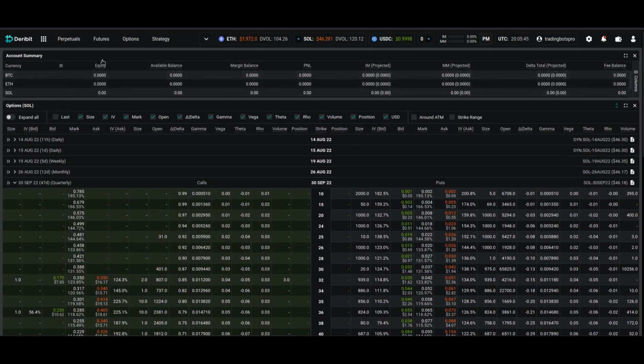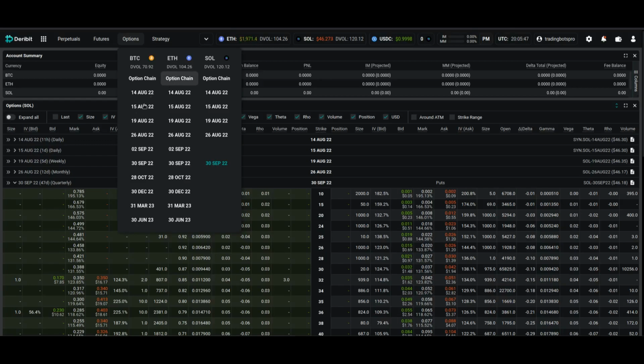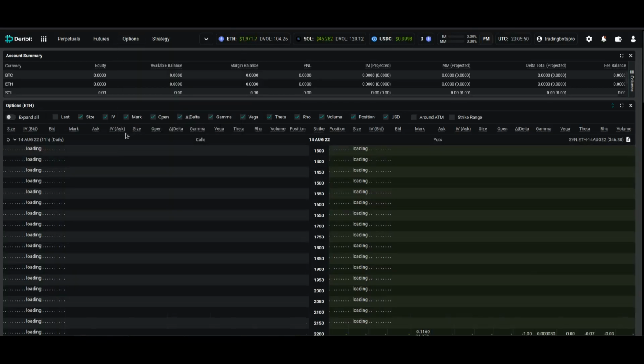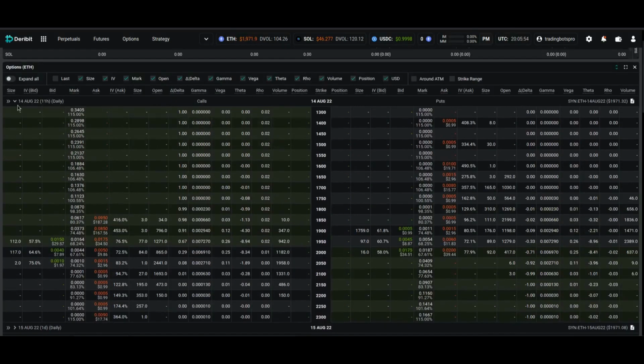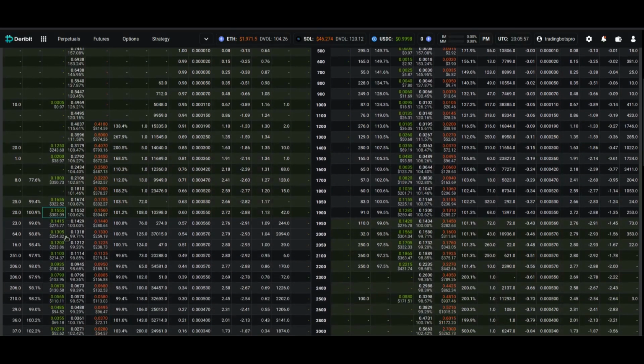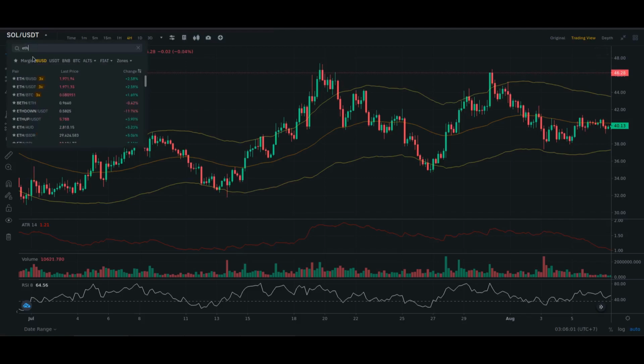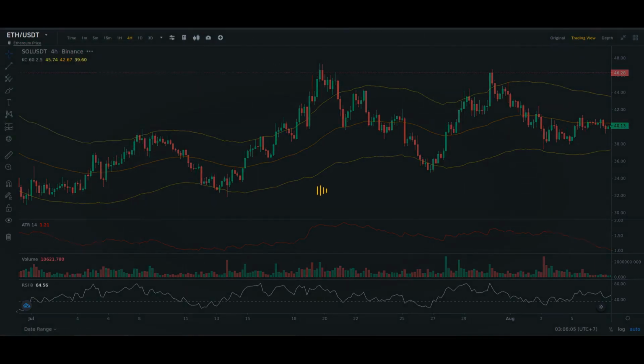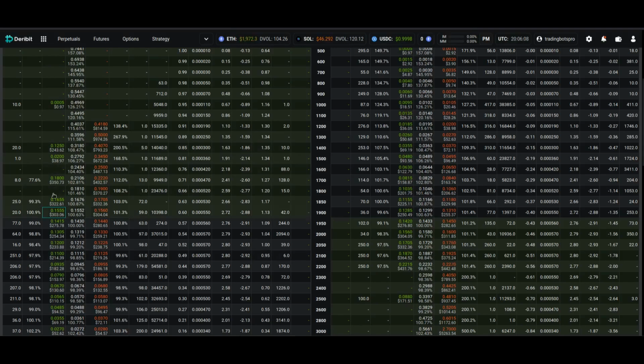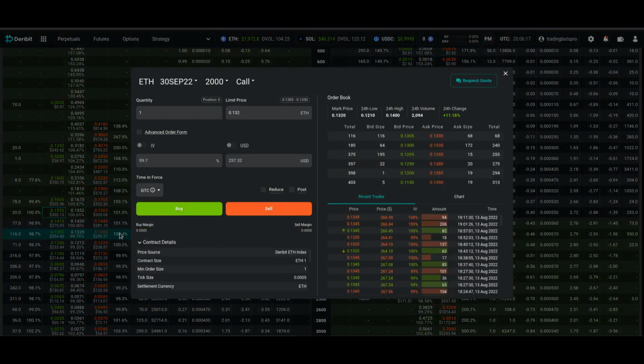Let's take a look at Ethereum. What is the price of Ethereum? Almost 2k. Oh great, I have a sell order at about $2020 and $2000. Okay, so 2000. Here is the central strike, basically here we have the price. Quantity 1, sell.